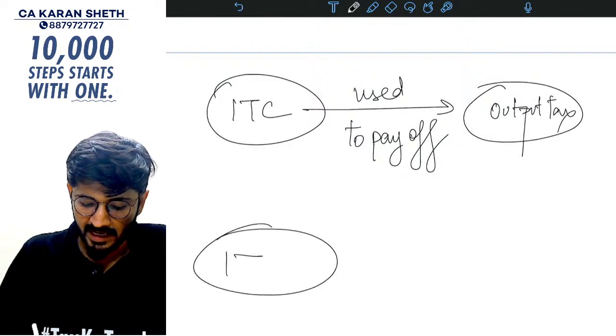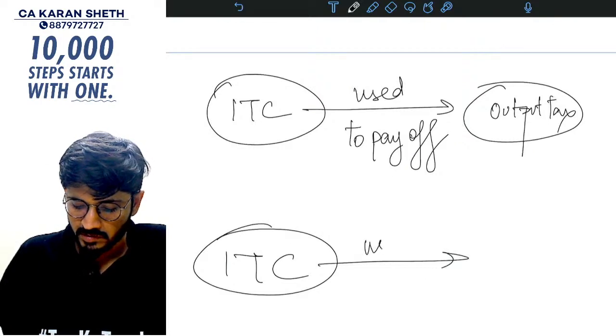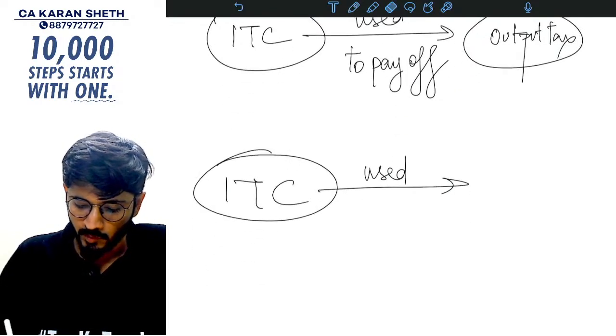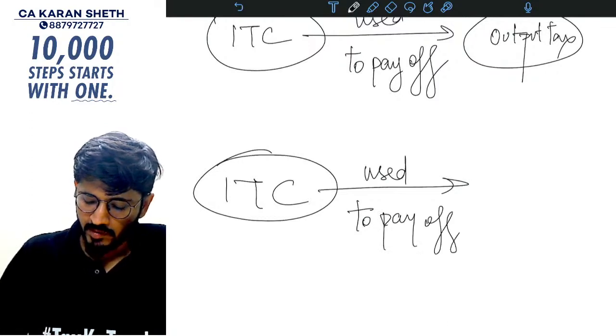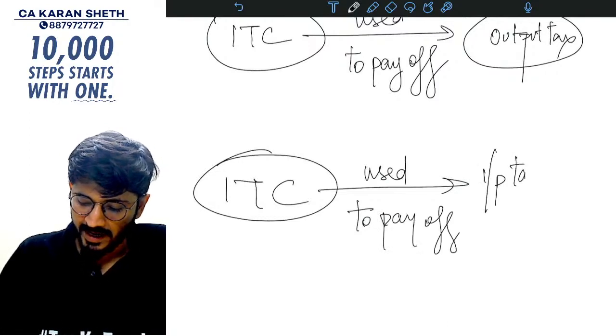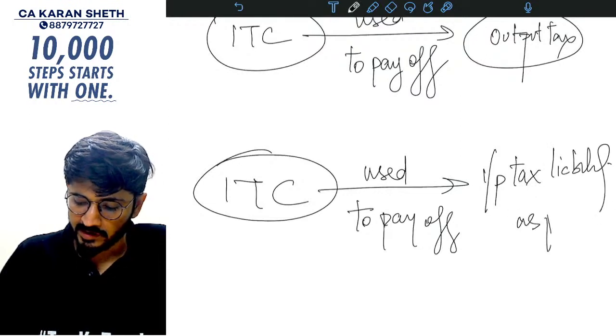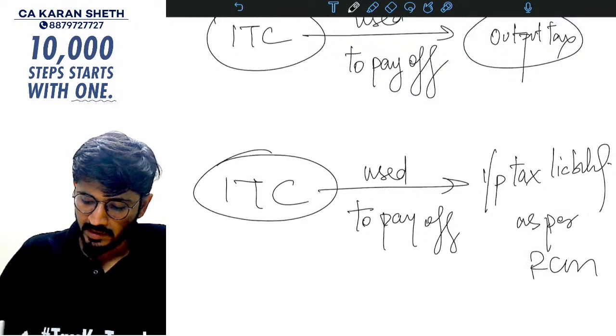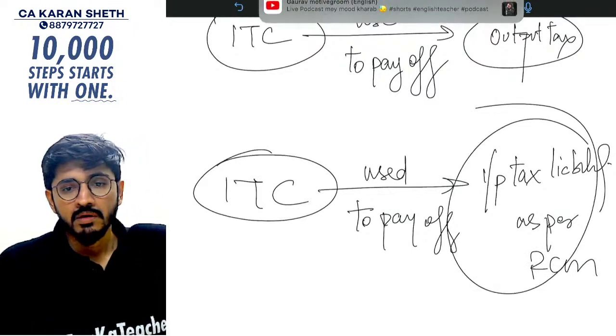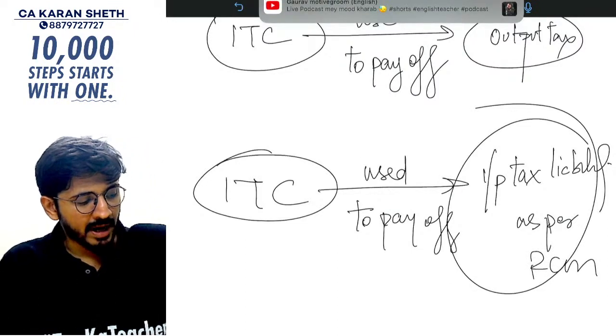My question is, can ITC be used to pay off input tax liability as per RCM? Can that happen?